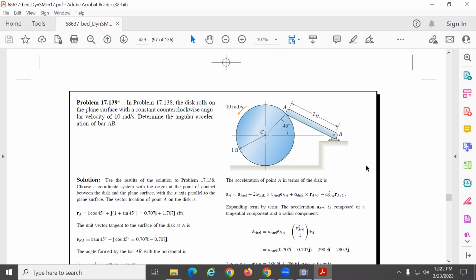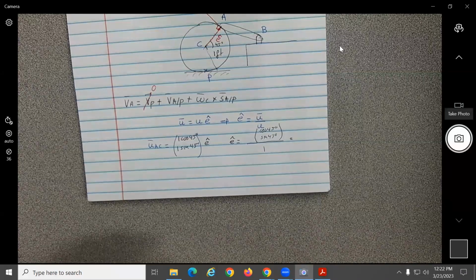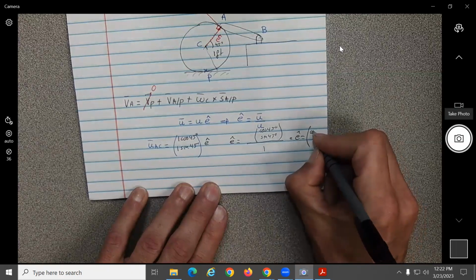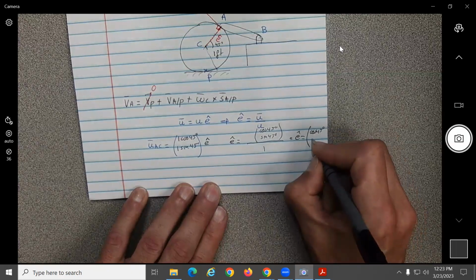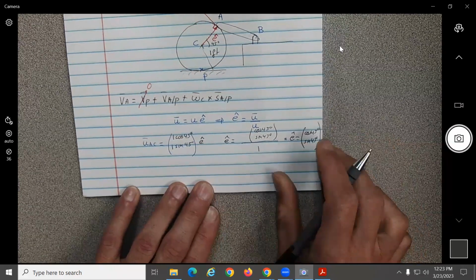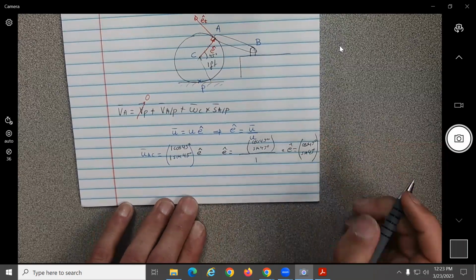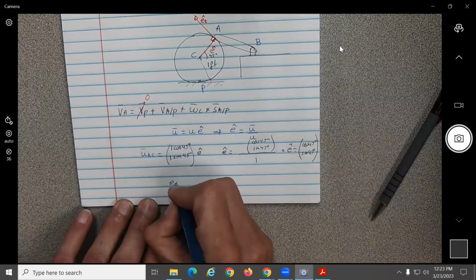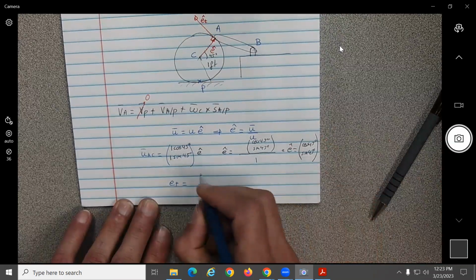So basically, we can say that e is equal to cosine 45, sine 45. Now, to find e sub t, what do you need to do with this one?